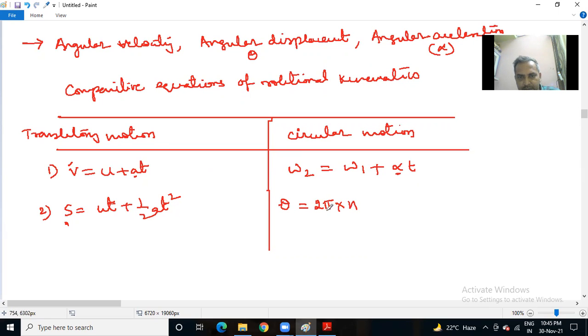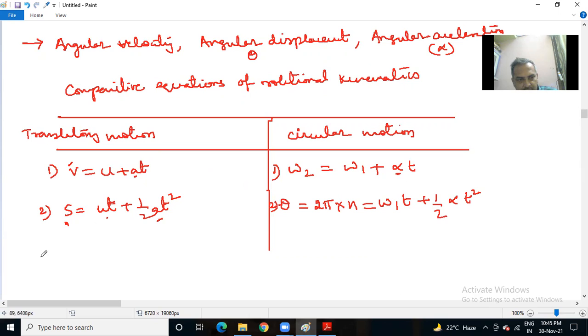So n number of rotations, each rotation describes an angle equal to 2 pi radians. U is initial velocity, now initial angular velocity, with the t plus half. In place of a, let us write alpha, that is angular acceleration. So this is the second equation, and this is the first equation.